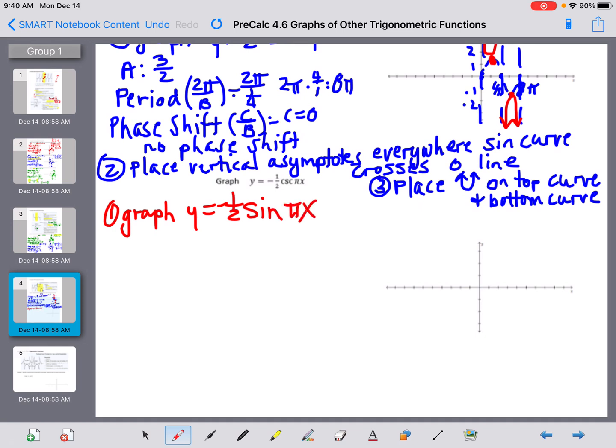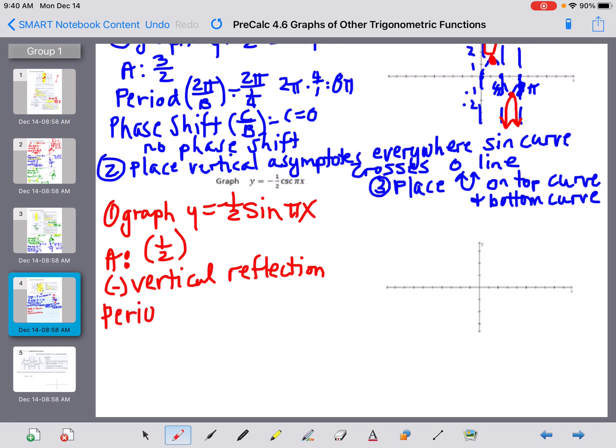My amplitude is going to be 1/2, and the negative puts a vertical reflection, which comes through on the sine curve. My period is going to be 2 pi divided by b, and my b this time is pi, interesting.